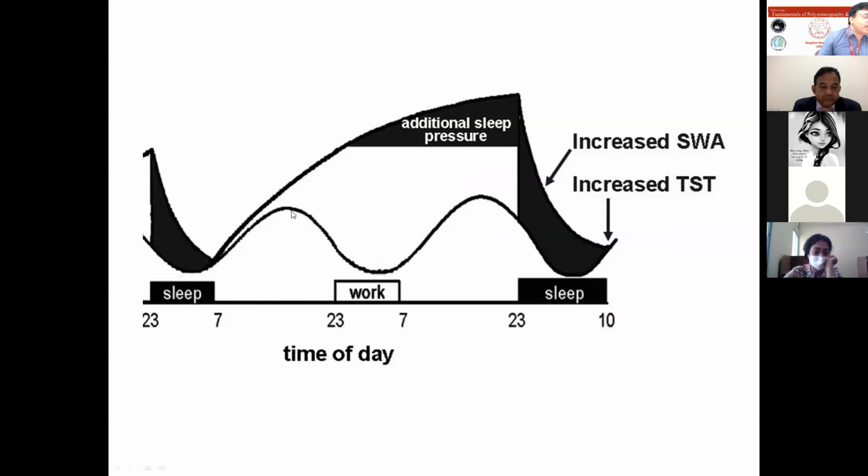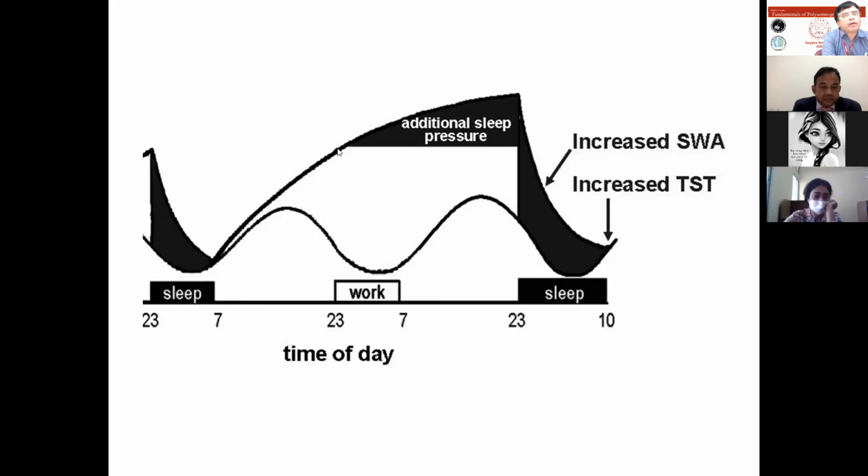If you can see here, when we get up in the morning and start our day activity, the sleep pressure goes on increasing. When we get into the subsequent sleep, the amount of slow wave sleep, or deep sleep, is proportional to the amount of sleep pressure accumulated in our day activity.